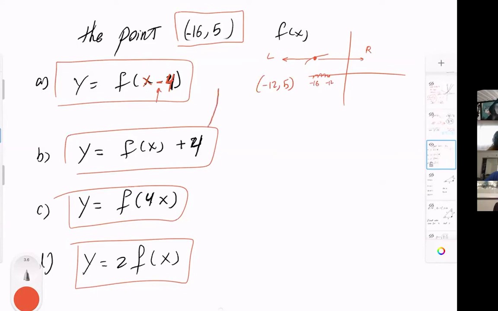Then say we go back to the point, don't apply to the new point. F of x plus 4, we have outside of the function, you apply it to the y.